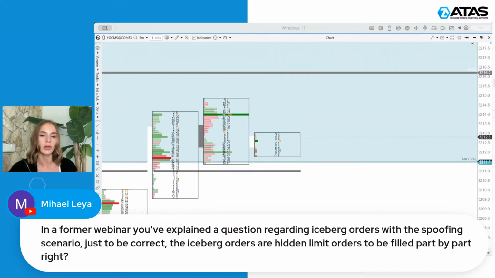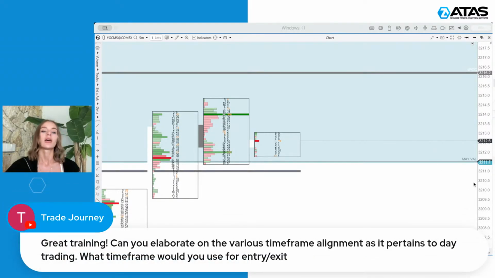So be careful when the price gets there, because it can be removed. I don't trade from the iceberg orders. I trade towards the iceberg orders.